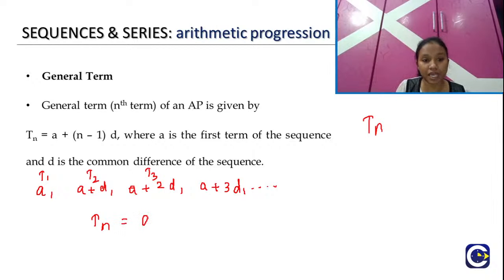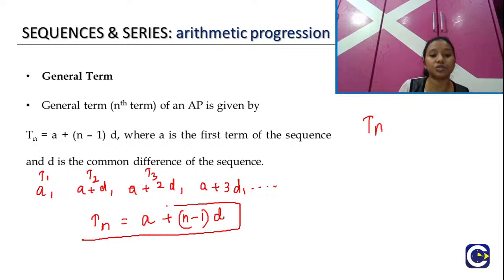So Tn will be, A will be common, A plus, and here D also will be common. So here you can see 2 minus 1 will be 1, 3 minus 2 will be 2. That means n minus 1 into D. Right, so using the rule here, we are trying to write the formula for this particular sequence.